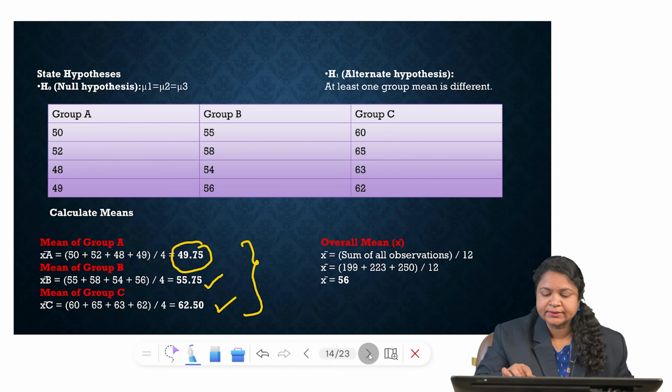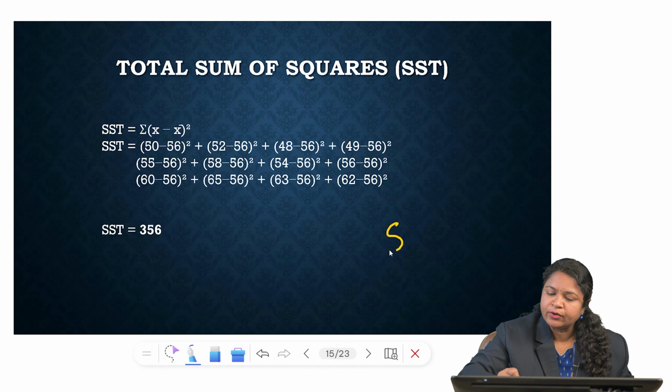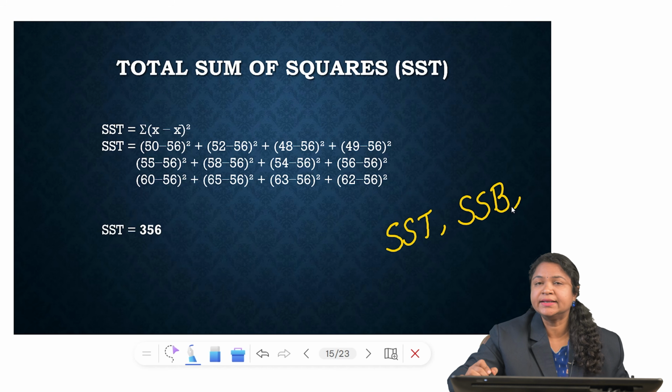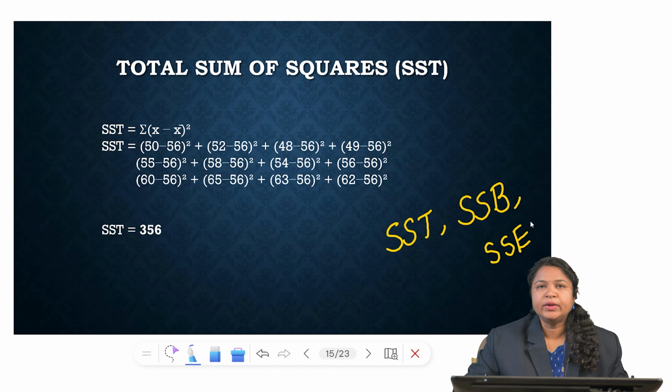The next thing to calculate for the hypothesis is some terminology. That is, we have to find the sum of squares. The sum of squares between the groups is represented by SSB, and the sum of squares within the groups is SSE.